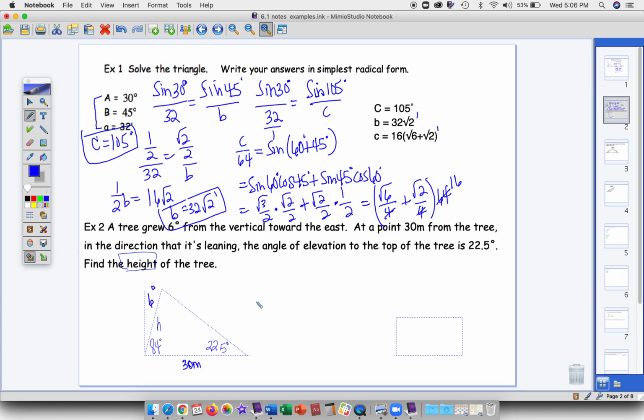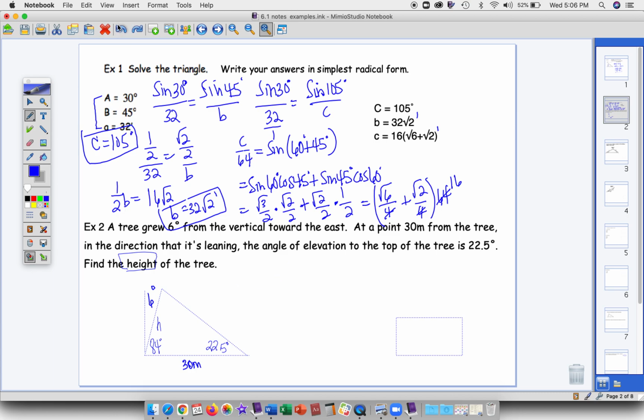Now remember what I said, we need the combination of angle and side opposite. So we've got that here, right? That's what we're solving for. So I can set up the sine of 22.5 over h. And actually, you know, you can set up your proportion any way you want.